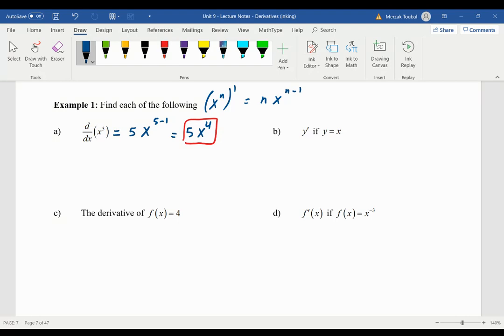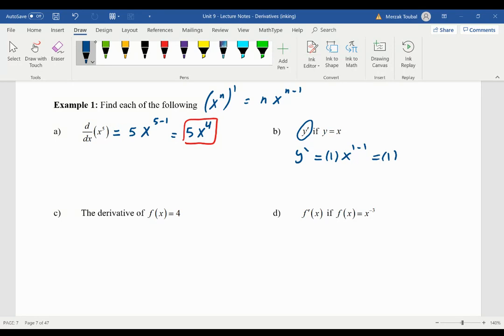Example B, find y prime, which means find the derivative when y equals x. x is the same as x to the power of 1. So y prime equals 1 times x to the power of 1 minus 1.